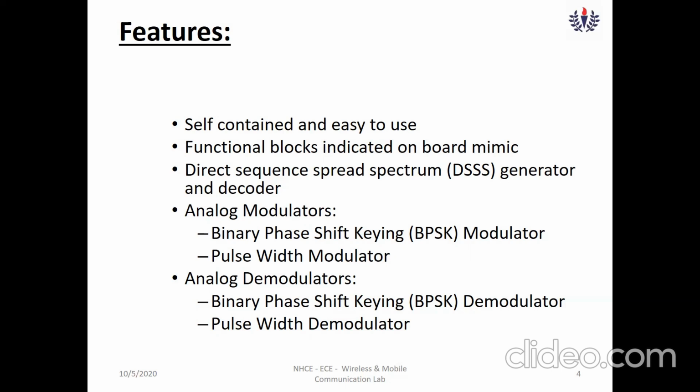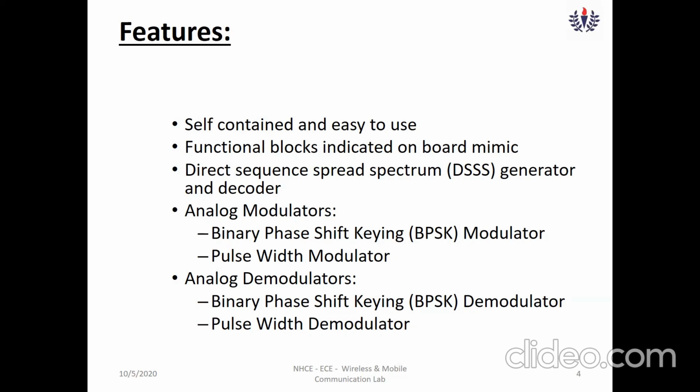the trainer kit. And it has a direct sequence spread spectrum generator and a decoder, as I said in the previous slide. The analog modulator makes use of a binary phase shift keying modulator and pulse width modulator, and the analog demodulator makes use of a binary phase shift keying demodulator and pulse width demodulator.